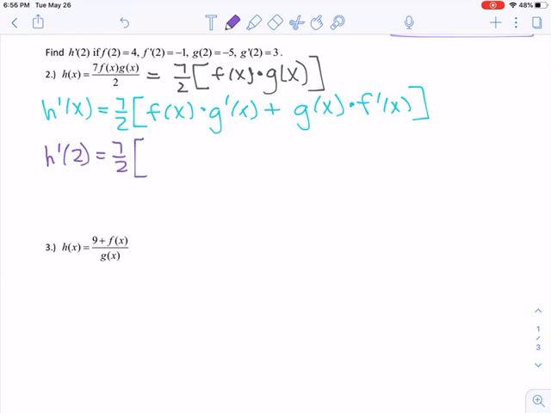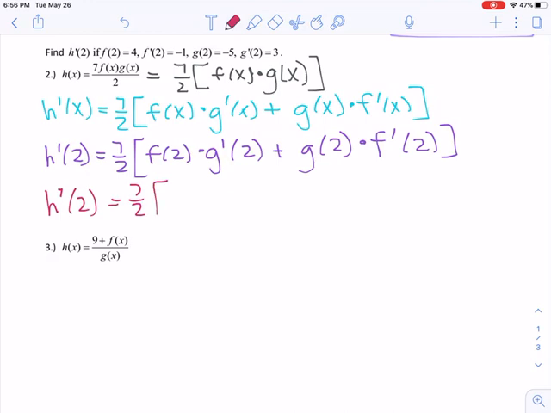So I'm going to take 7/2 times f of 2 times the derivative of g at 2, plus g of 2 times the derivative of f at 2. And let's go ahead and plug those values in.